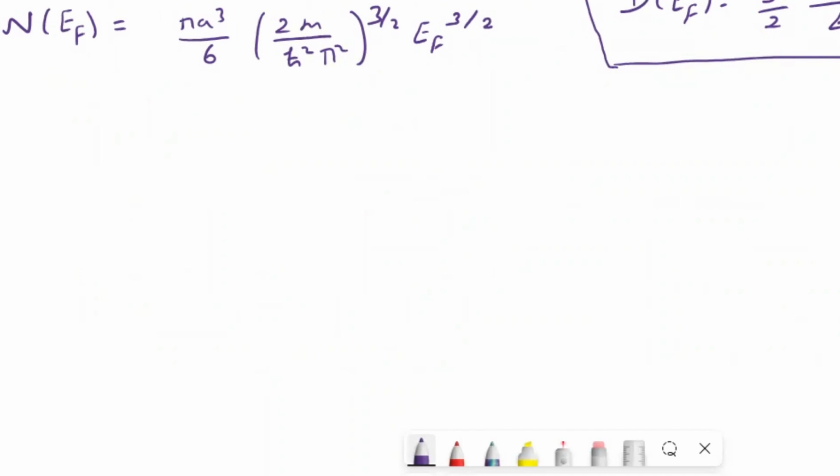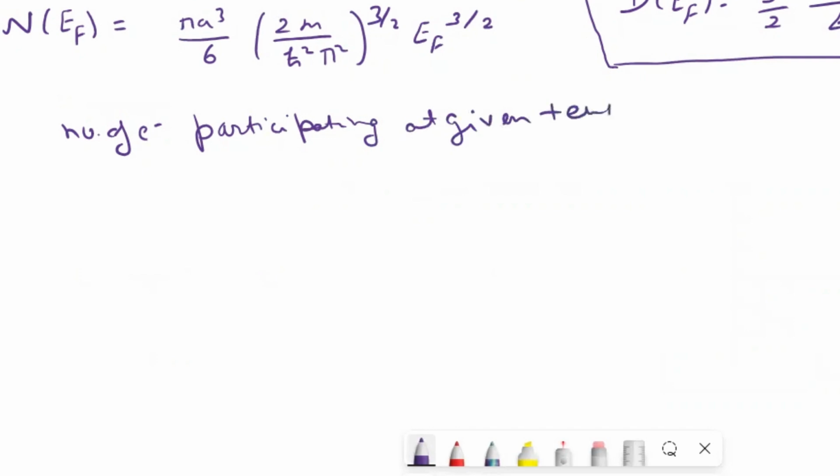Now, the number of electrons participating at a given temperature is this multiplied with the energy kBT.